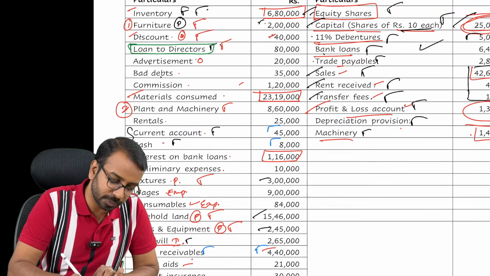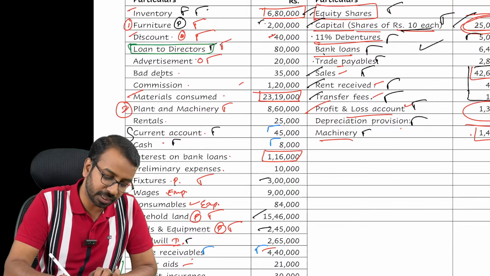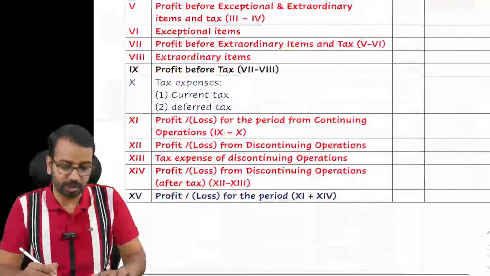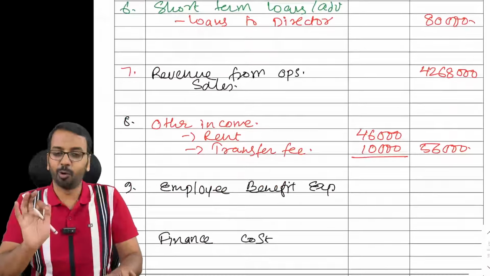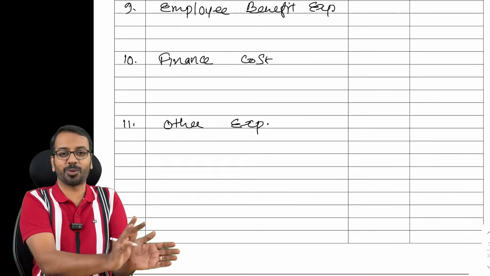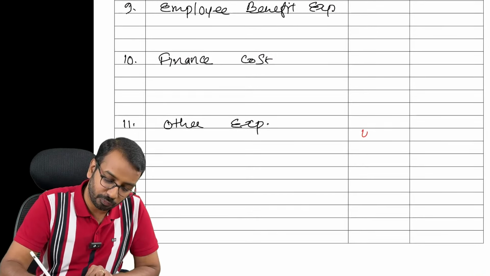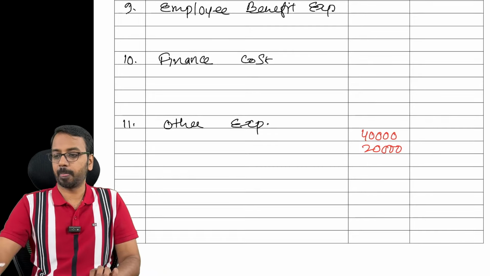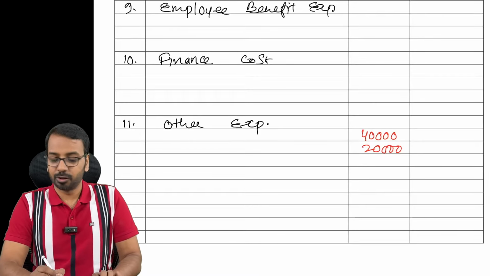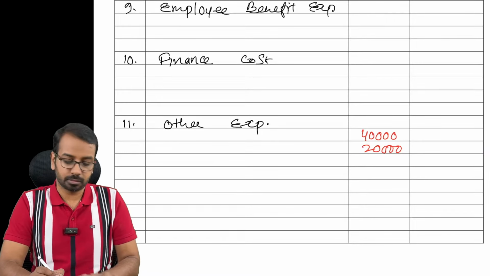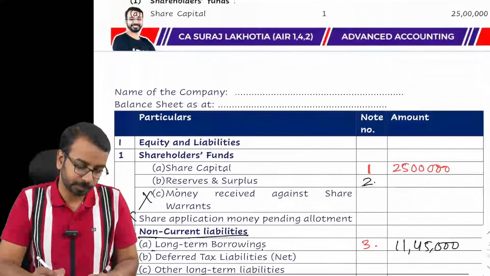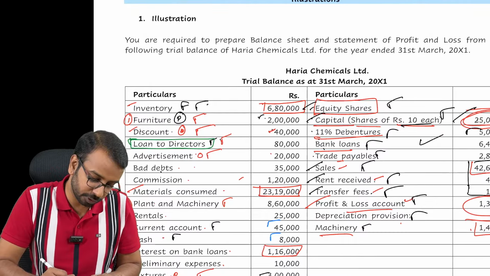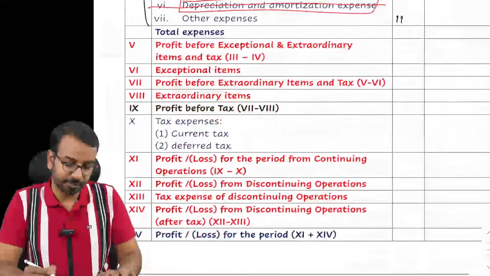Each one, if you see, discount is other expenses, 40,000. Advertisement, other expenses, 20,000. So 40 and 20, bad debt 35. Don't do this in the exam. Please keep on referring to the question paper and writing it. See, I also sometimes forget. So bad debt is 35,000.